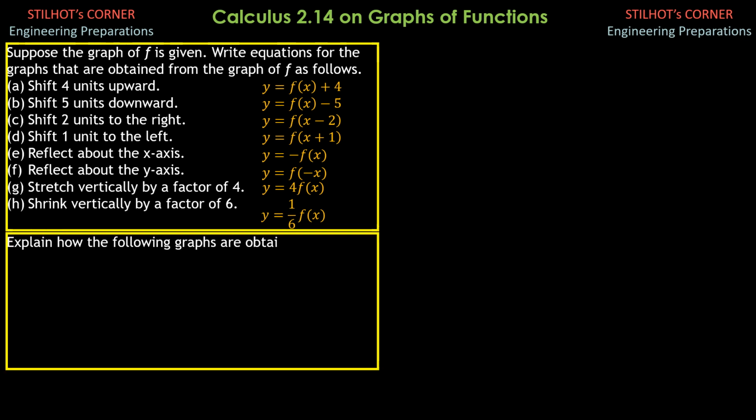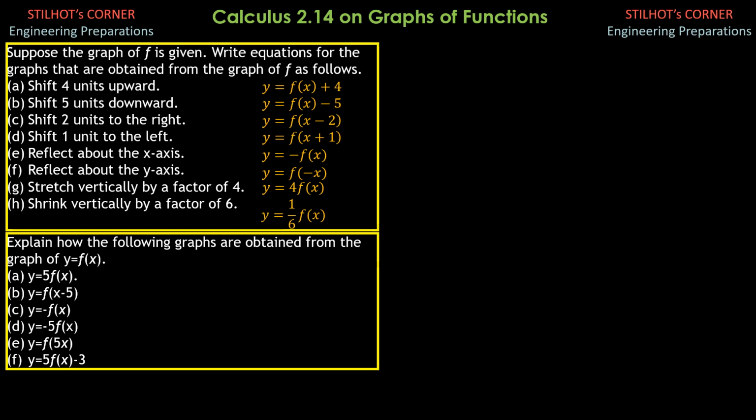Explain how the following graphs are obtained from the graph of y equals f of x. So we base the answer explanations from our experience with this. Y equals 5 times f of x means we have to stretch the graph vertically by a factor of 5.